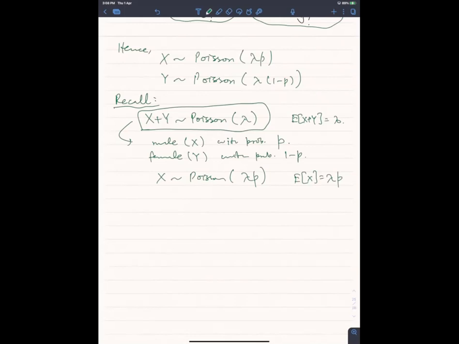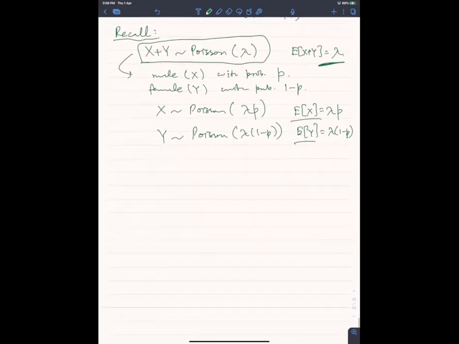Okay, p is smaller than 1, so this makes sense, that the expected value of X should be less than lambda. And similarly Y is Poisson lambda (1 minus p) and the expected value of Y would be equal to lambda (1 minus p), such that the sum of the expected values of X and Y is still lambda, since no one other than males and females is coming. All right.